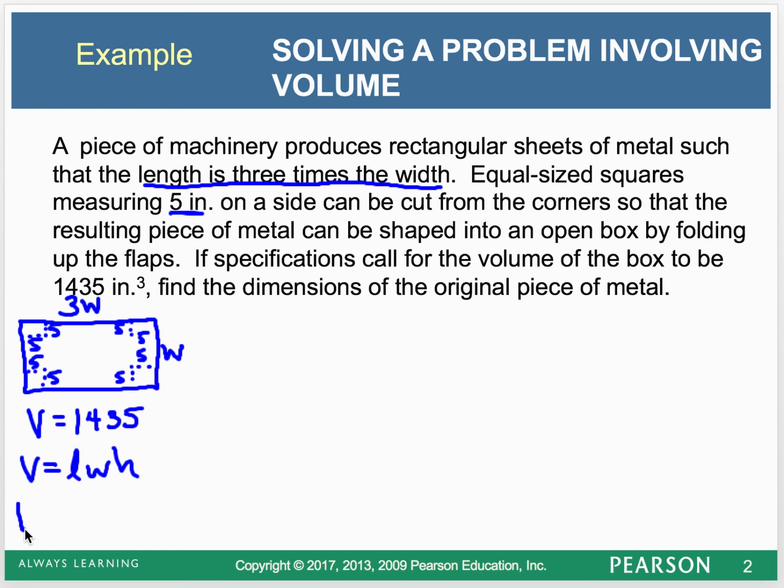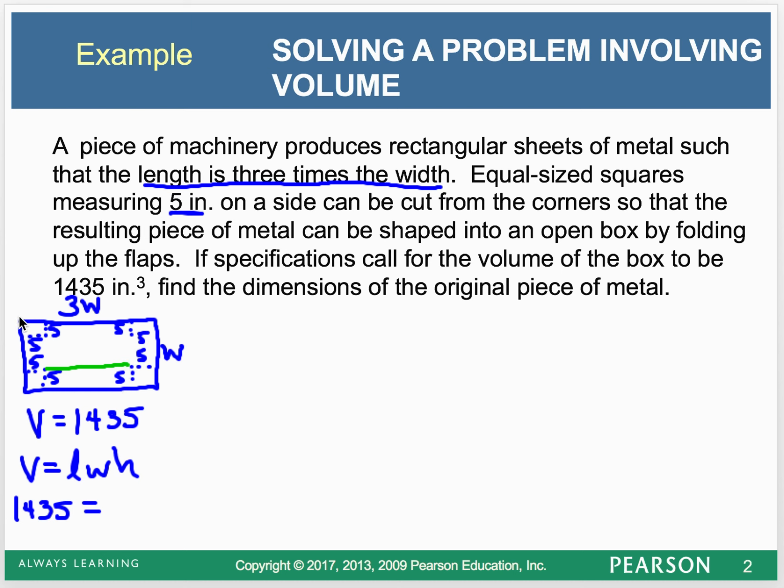So let's substitute in what we know for this box that we're making. We know the volume is 1435, so I'm going to replace this V with 1435. Now the length of the box, remember, here's the length of the box.